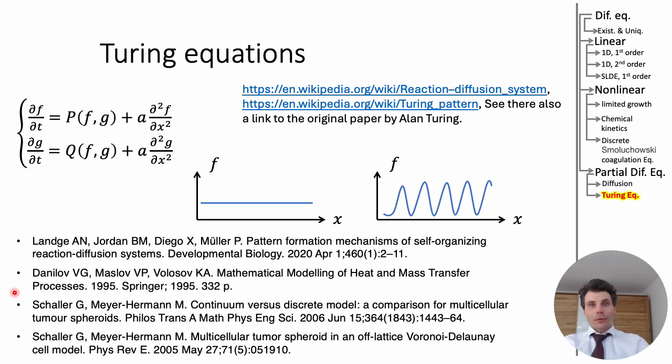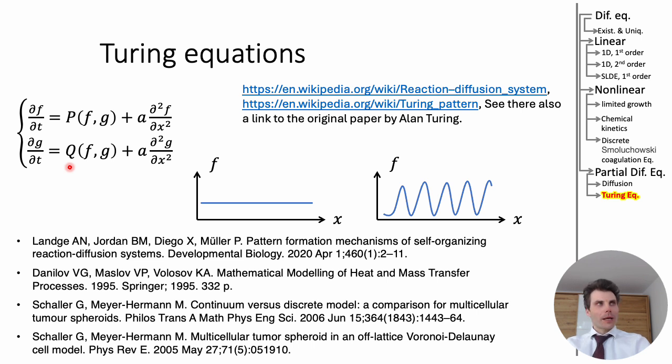The advantage of using qualitative approaches is that you sometimes are flexible in choosing these interaction terms. You don't have to specify them exactly, but you can just specify some general properties of them. Let's say P vanishes as f and g tend to infinity, and Q, I don't know, plateaus in the same condition, or something like this.